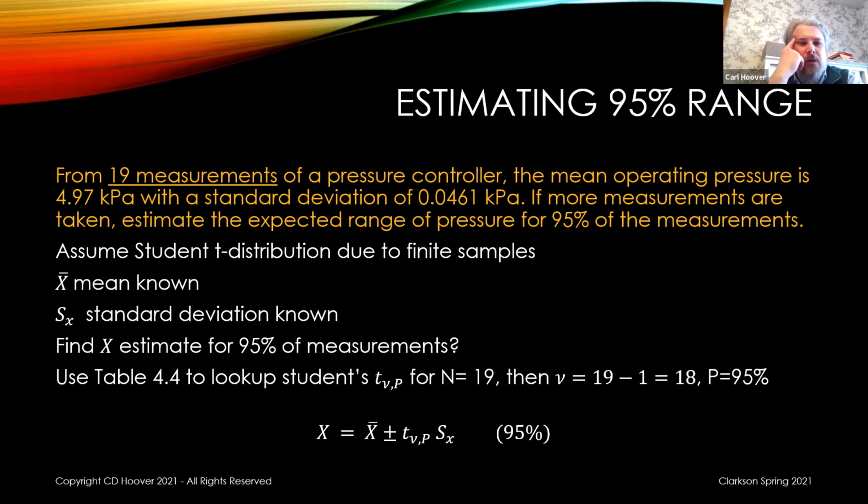So we're going to assume a student t distribution and use our mean and our standard deviation to figure that out. So mean is 4.97 and standard deviation 0.0461. So we can compute our degrees of freedom nu as 19 minus 1 is 18, and assume 95% probability and get our result.